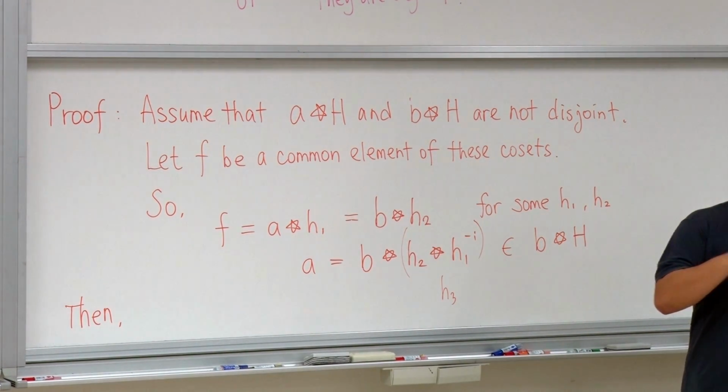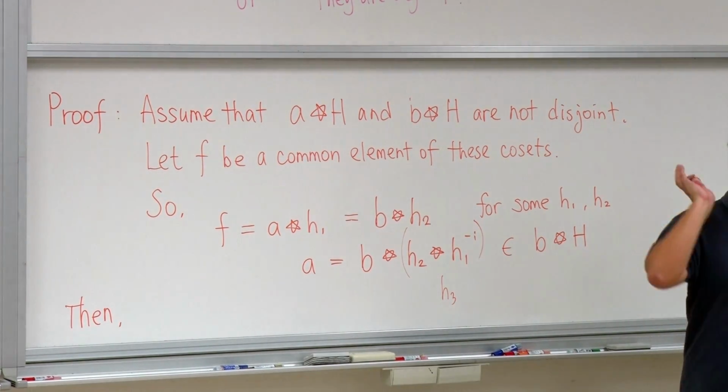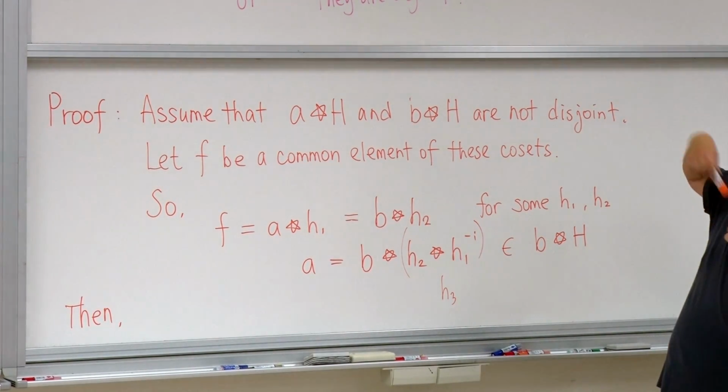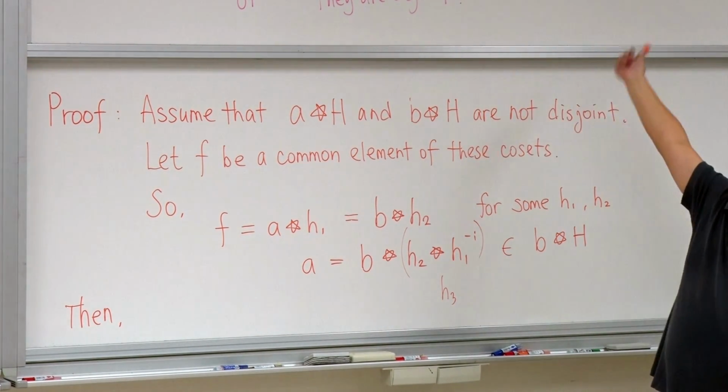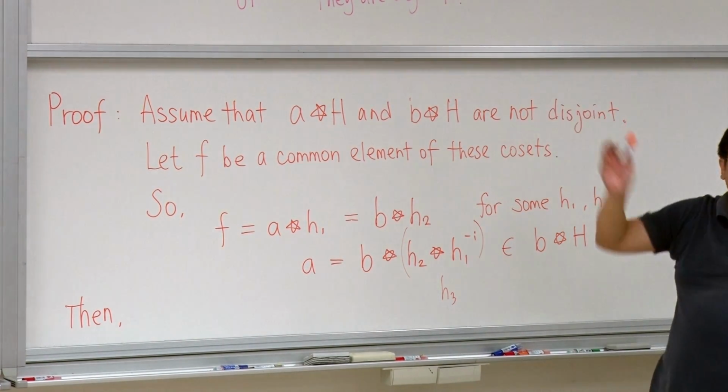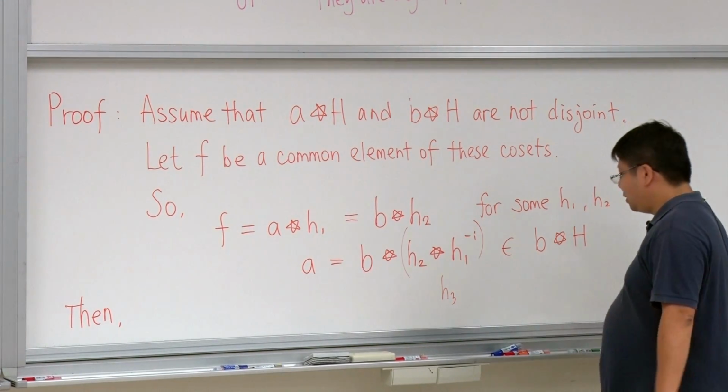Okay? But we want to show more. We want to show everything in the coset of A star H is also in the coset of B star H. Well, let's try.